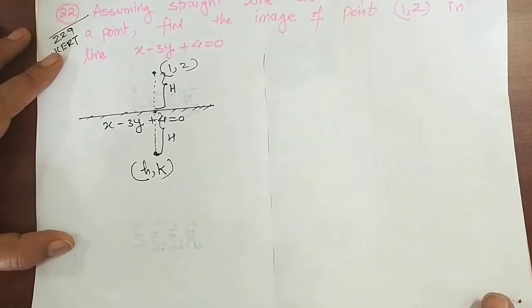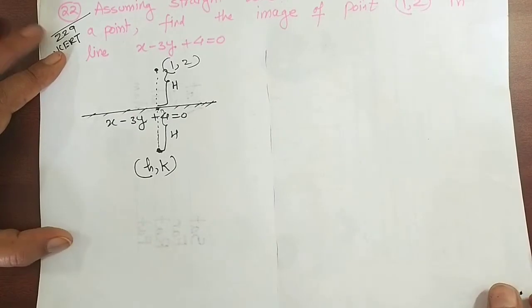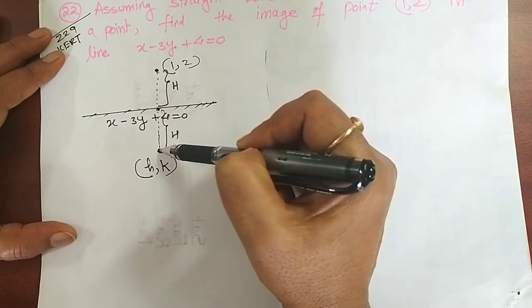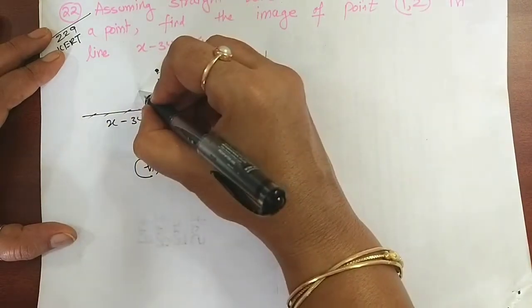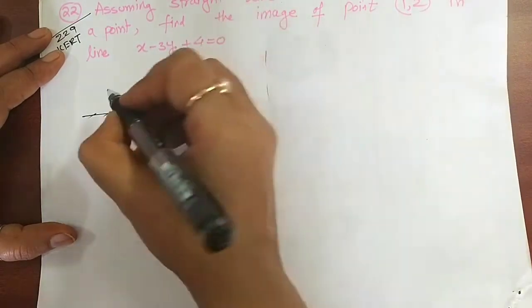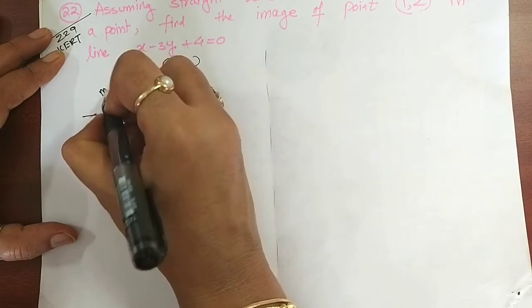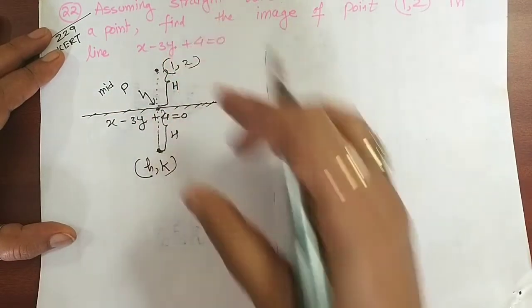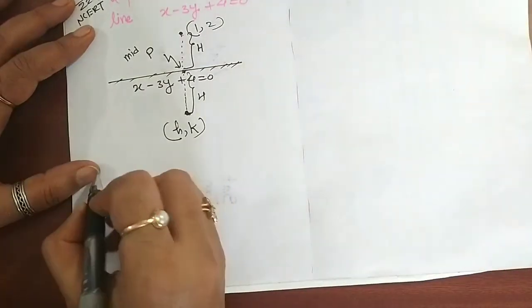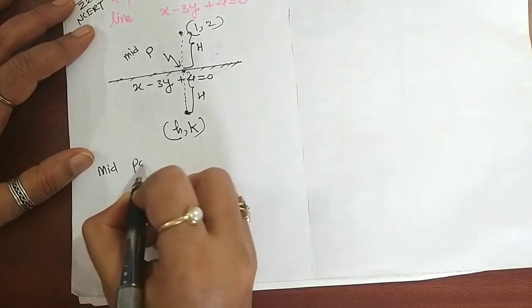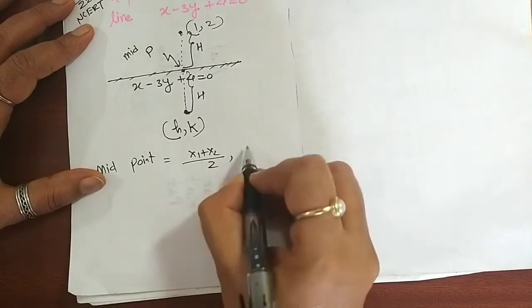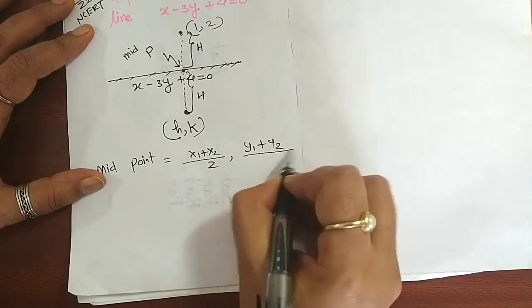So here, guys, we have to be very crafty. What does crafty mean? We know that this distance is equal to this distance. Suppose this point is P. Can I say this is nothing but the midpoint of this? Correct? So what is the formula of the midpoint? If you remember, the midpoint formula is (x1 plus x2) by 2, (y1 plus y2) by 2.